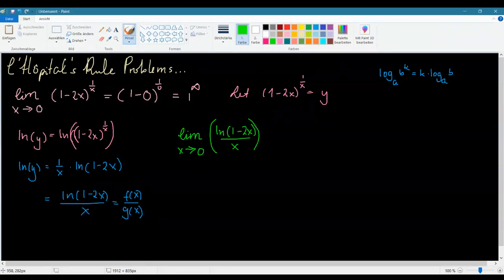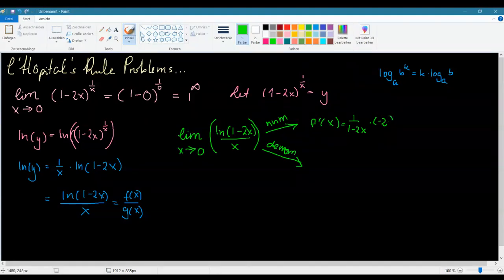So the derivative of ln(1 minus 2x): the derivative of the numerator and the derivative of the denominator. f prime of x is going to be 1 over (1 minus 2x) times minus 2, because there's a chain rule here. Obviously, the outer function is ln x, and the inner function is 1 minus 2x.